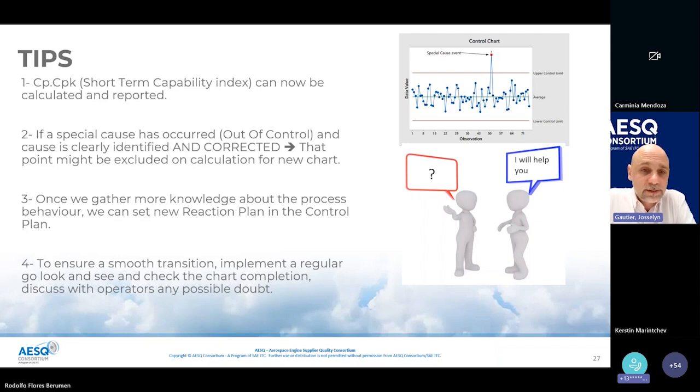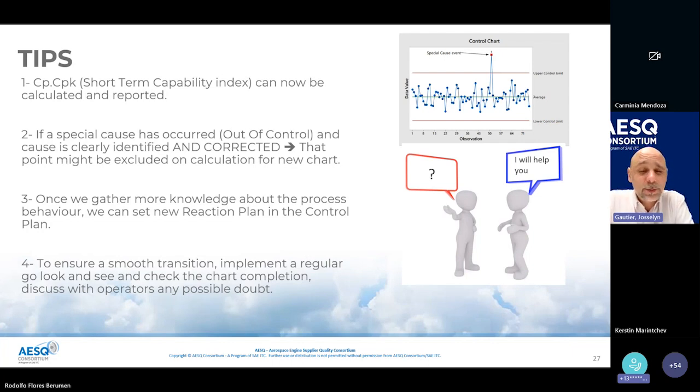We have put a corrective action in place for that. In this case, and only in this case, we can remove this point from the calculation for the new chart, okay? Also, we will gather more information and improve the control plan and reaction plan.